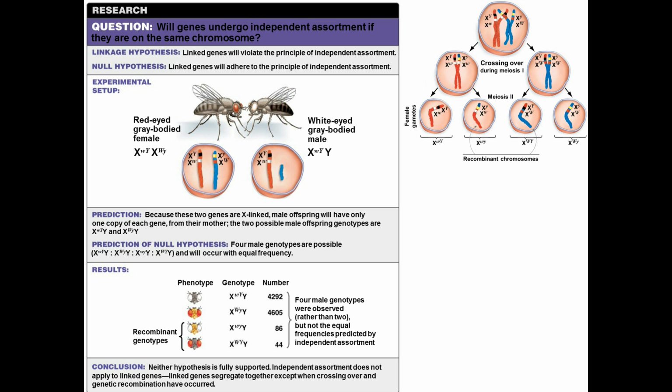So here we have a female fruit fly that has red eyes and a gray body.